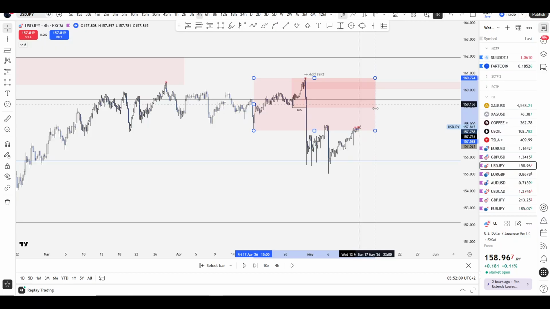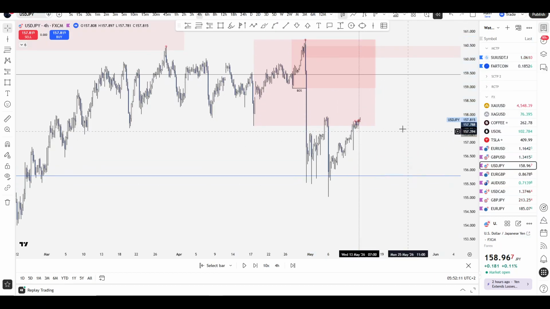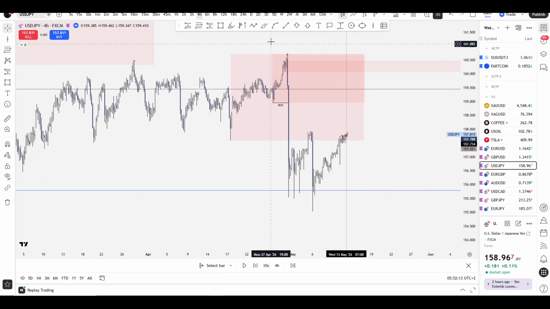We were within a higher time frame supply, and if we have such a big inefficiency in the market, we tend to fill it, but we usually don't fill it all till here.